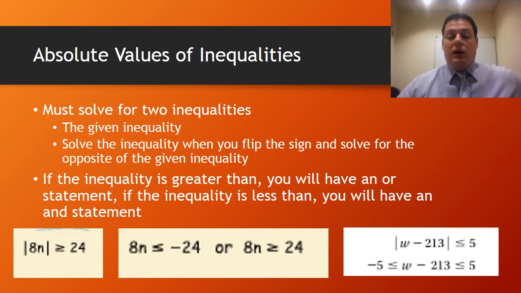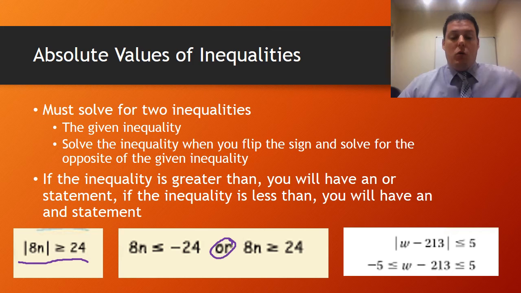Absolute value inequalities. With the absolute value, it's similar to a compound inequality in that we have to solve two inequalities. If we look at this first example, if it's greater than, we're going to use OR.